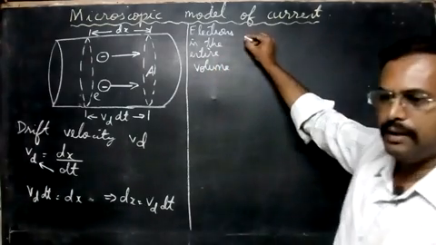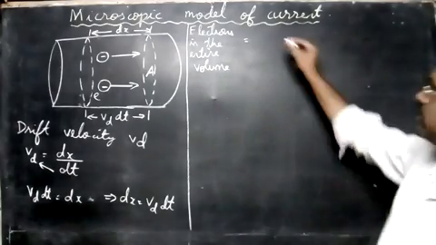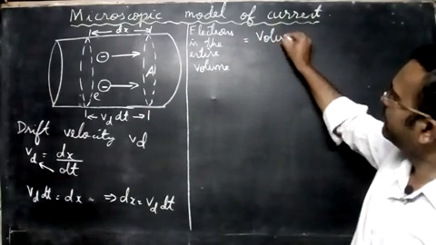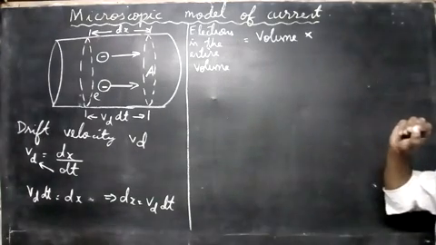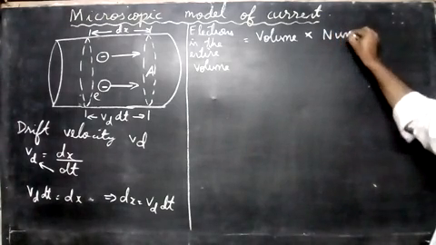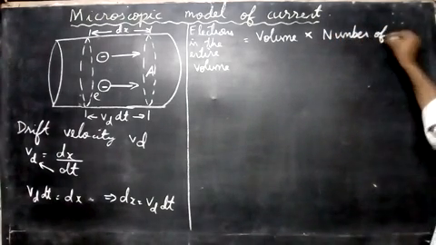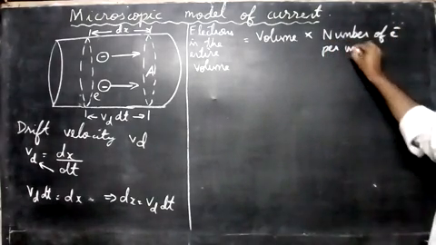That is equal to the full volume into the number of electrons per unit volume.